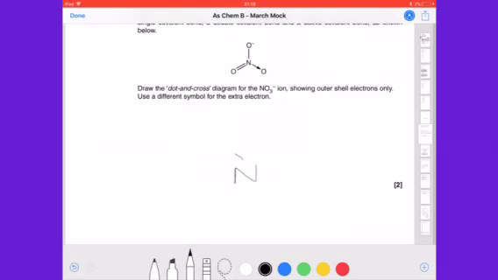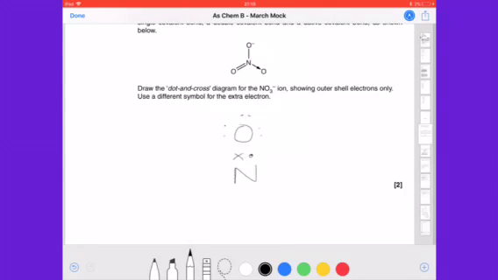Because it's a covalent bond, it has a shared pair of electrons, with 1 electron from each atom. And then oxygen has, because it's negatively charged, 7 of its own electrons. So we'll illustrate those as dots around the oxygen, like that.